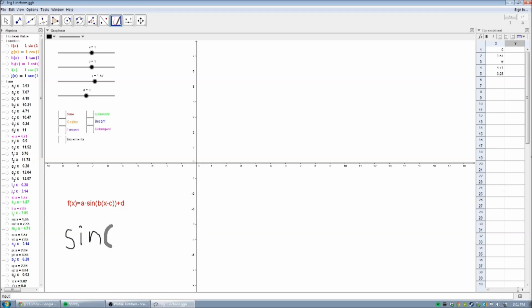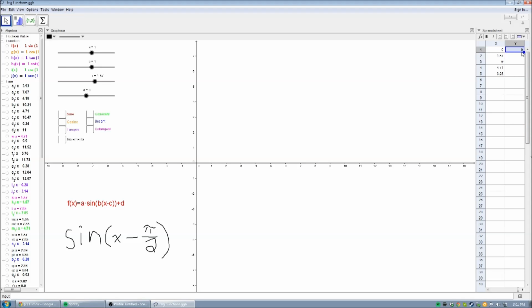Anyway, we're taking the sine of the quantity x minus pi over 2. Now notice my c value is a positive pi over 2, but remember the function has x minus c, so this is going to be x minus our positive pi over 2. So if I put 0 in first, 0 minus pi over 2 is going to be negative pi over 2, and the sine of negative pi over 2 is negative 1.